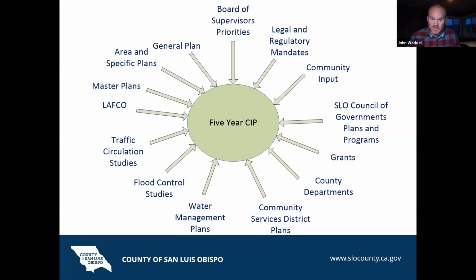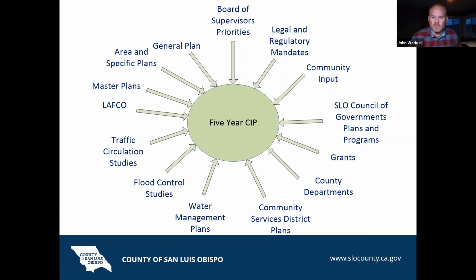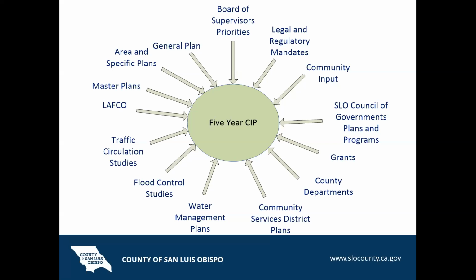Some of the key sources or catalysts for projects to get into the plan are legal mandates from regulatory agencies, capital replacement needs for our existing systems, projects that receive federal and state grants, and planning documents, such as specific plans, community plans, and master plans for systems like water and wastewater utilities, and then circulation plans and road improvement fee driven projects, which come out of the community plan. Those indicate the need for new infrastructure due to growth.